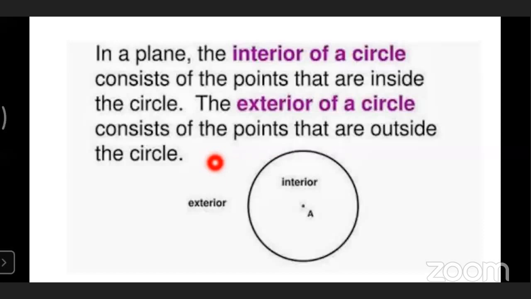The points which are inside are called the interior. You can see here, interior means inside the circle, and exterior means outside the circle. Is it clear, interior and exterior? Yes. Okay, so interior means inside the circle, exterior means outside the circle, right?